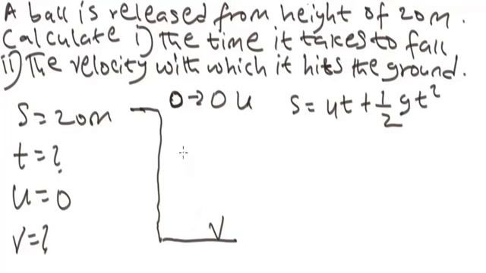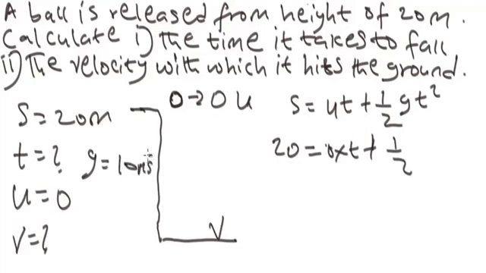Now when you substitute, our x distance is 20 equals 0 times t plus half, where acceleration due to gravity, g, is constant, 10 meters per second square. So you're going to have half times 10 times t square.